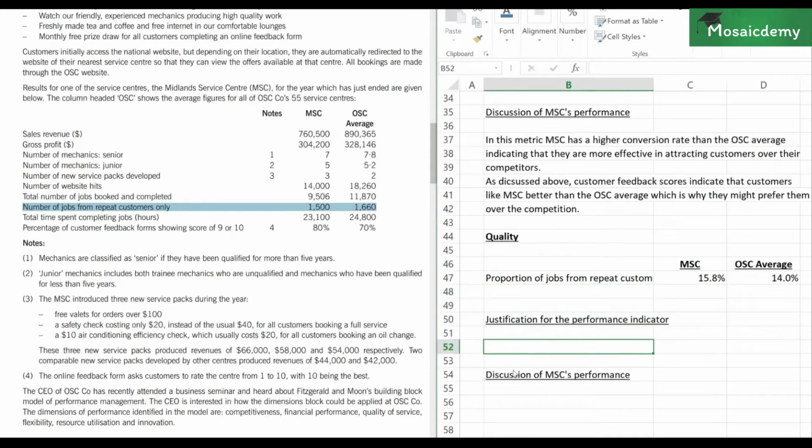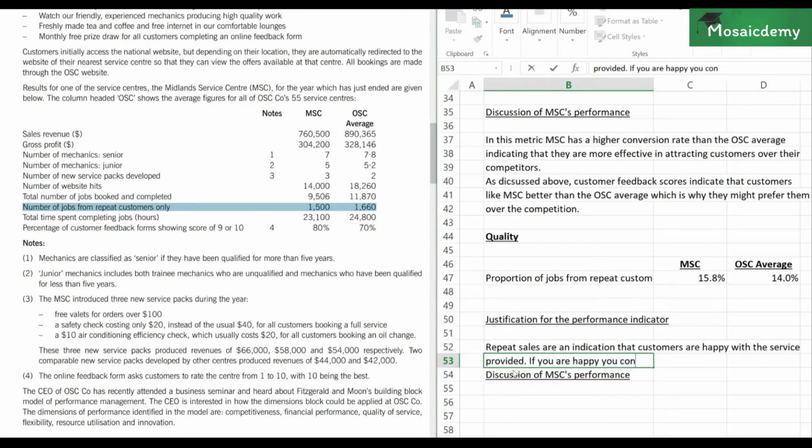Justification, just what we just talked about. Repeat sales are an indication that customers are happy with the service provided. If you are happy, you will continue to buy from the company.